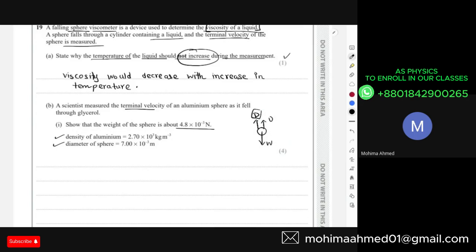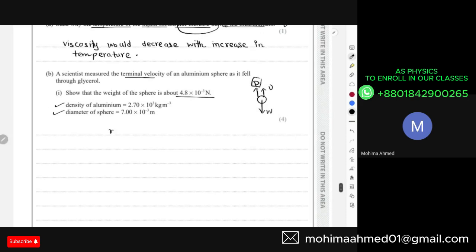Because the formula for drag was 6 pi r eta v. We have to find out the value for viscosity, then terminal velocity, then only I can calculate the value for your drag. So okay, I cannot use this one, but I can consider in this way that I have the volume. Using the volume and gravitational field strength, I can calculate the mass. And using volume and density, I can calculate mass, right?